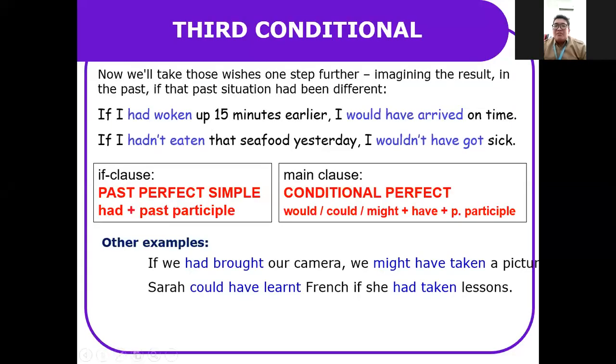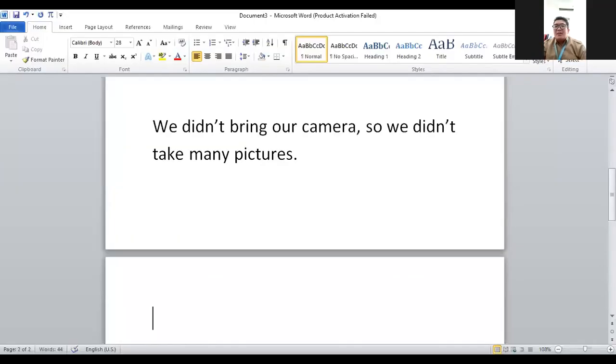Sarah could have learned French if she had taken lessons. Okay. The fact is different. Faktanya berbeda. She didn't take the French lesson.